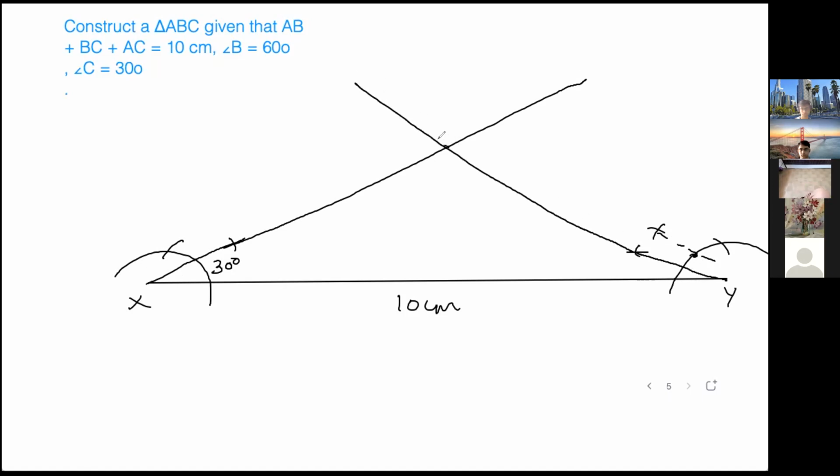Now we got this point as A. I have to find B and C. So I draw the perpendicular bisector of XA, with any measurement arc in the middle. From here cut an arc over here, cut an arc over here. From here, with the same measurement, cut an arc over here. Now join this line.